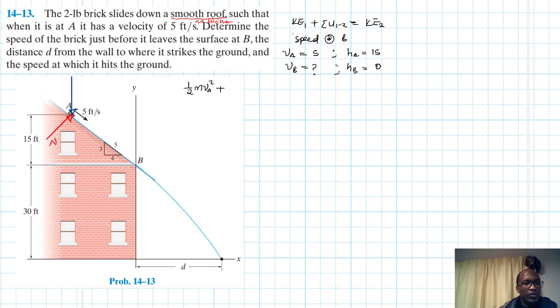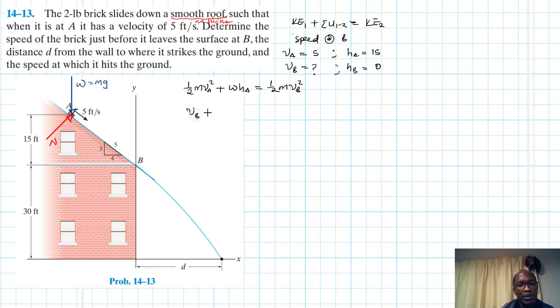The weight is acting in the same direction as the displacement, therefore the work is positive. So this just becomes W HA, and this is equal to half M VB squared.